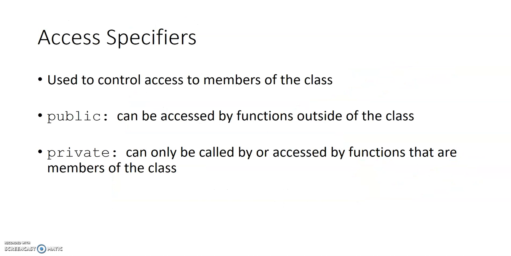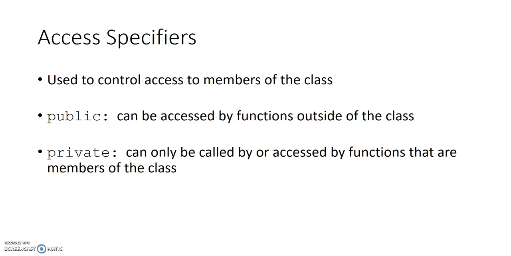So we use control access to members of the class. We have to control that. That's that idea of information hiding. We also call that encapsulation. And so we have the public visibility modifier and we have the private visibility modifier. And so those things that are declared to be public can be accessed from outside of the class. Those things that are declared to be private can only be accessed from within the class by the members of the class.